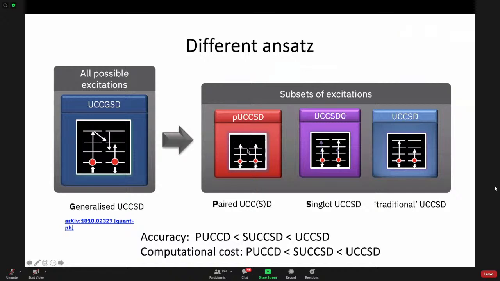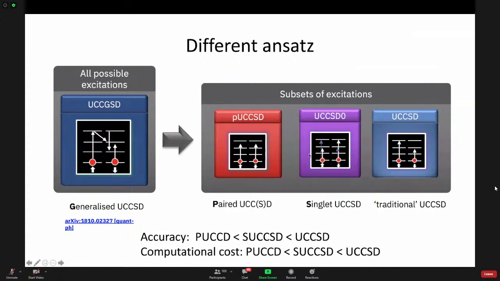We only consider double excitations which are pairs. In UCCSD, we could treat double excitations as shown here. These 2 go to different orbitals. However, for pair UCCD, these always go to the same place. So that's the pair excitation.